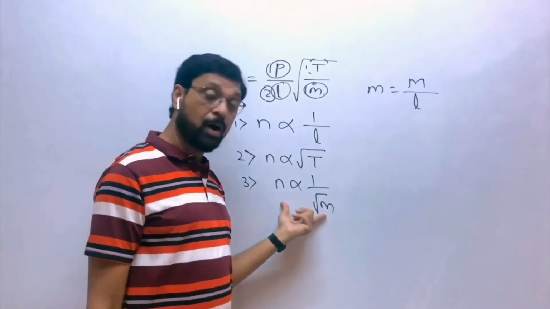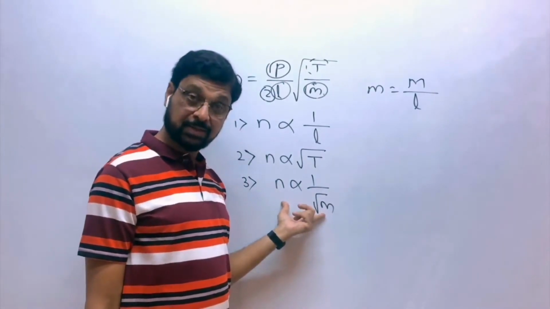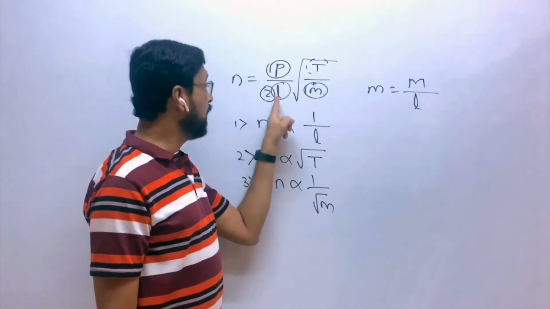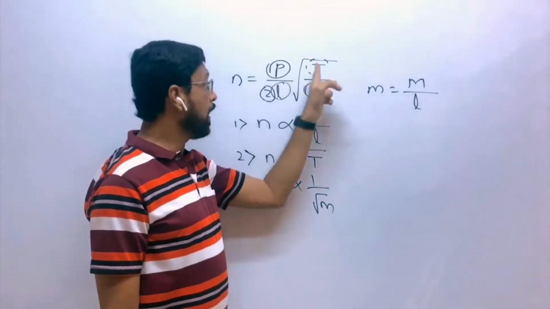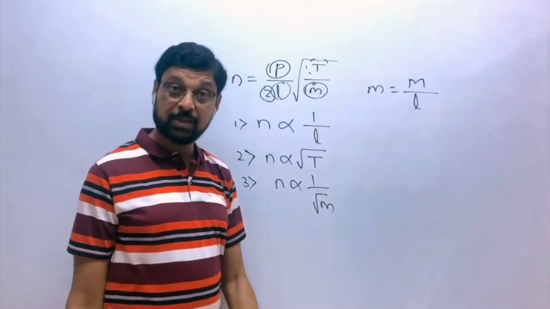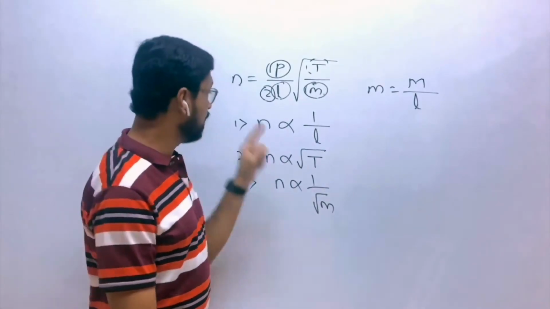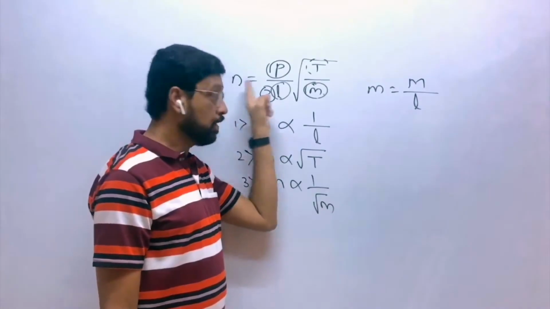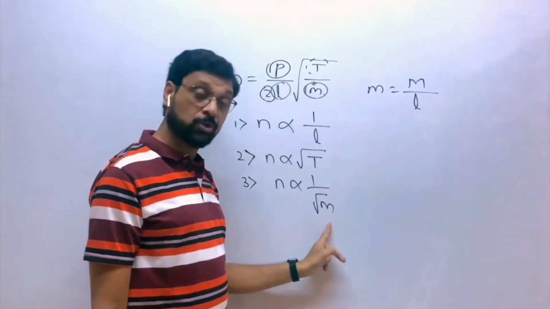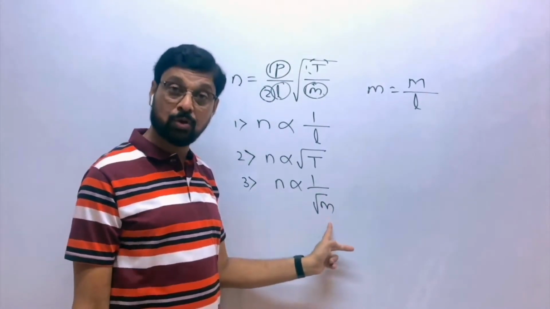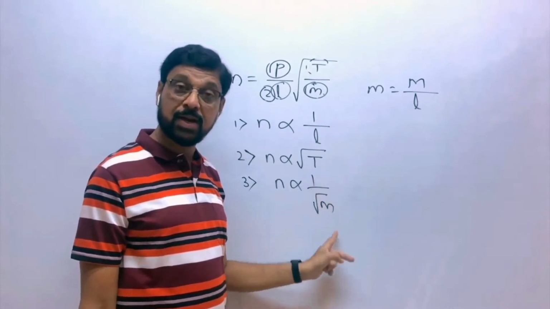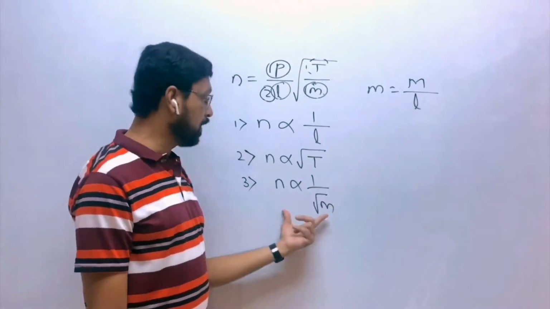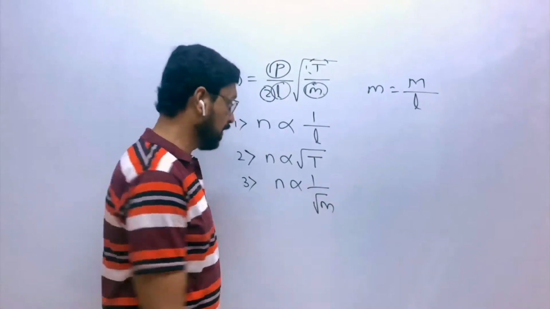So the third law of vibrating strings says that if length of the string and tension in the string is kept constant, then the frequency of vibration of the string is inversely proportional to the square root of its linear density. That is the third law of vibrating string.